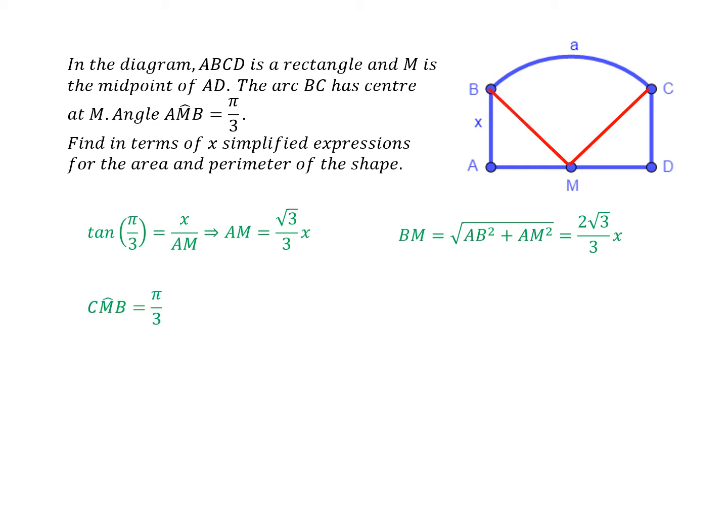Now CMB is pi over 3 as well, because if this angle is pi over 3, then by symmetry this is pi over 3, so this angle is pi over 3.